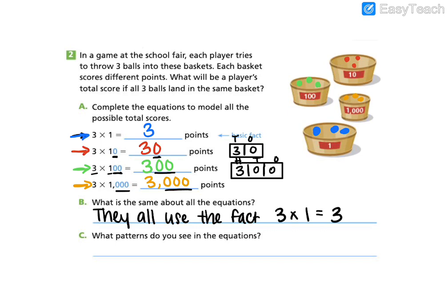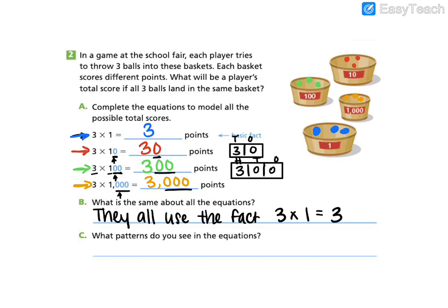So when we look at this, we see this pattern that the number of zeros in the factors, right? In this case, we have zeros only in one of the 2 factors. But the number of zeros in the factors is the same as the number of zeros in the product.